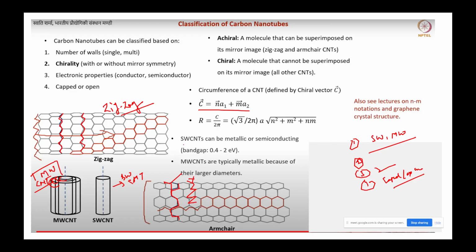So single wall can be metallic or semiconducting, and its band gap ranges from 0.4 to 0.2 electron volt, and the MWCNT is typically metallic because they have larger diameter.